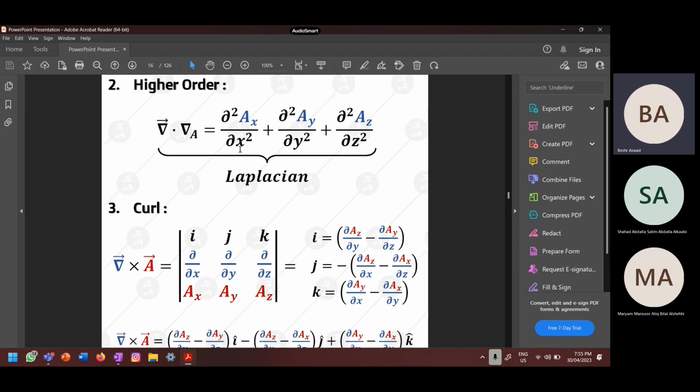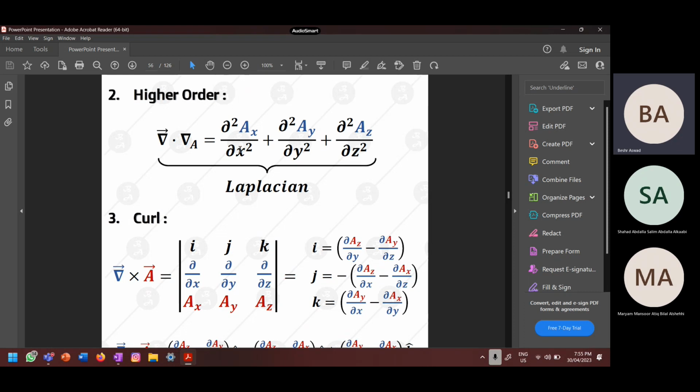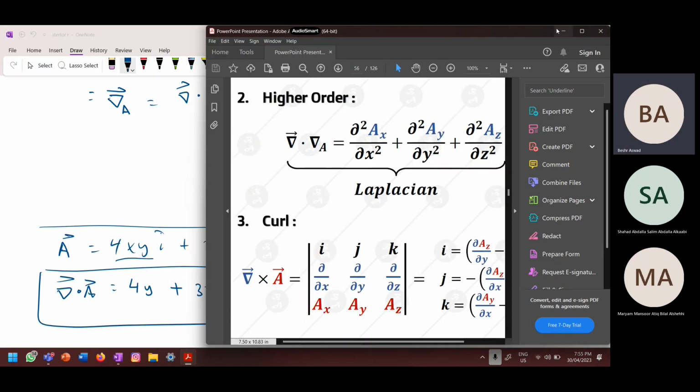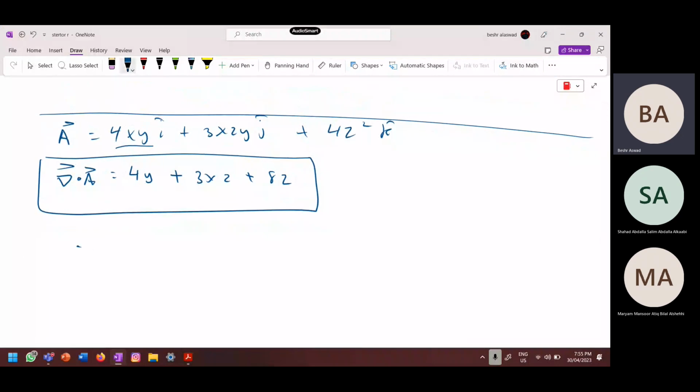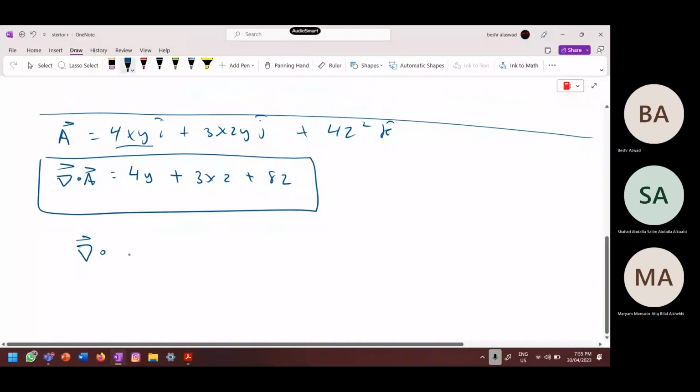Now, the higher order, or what's called the Laplacian of a vector, or it can be for a function, it's fine. To find the Laplacian, it is basically multiplied with this, double.